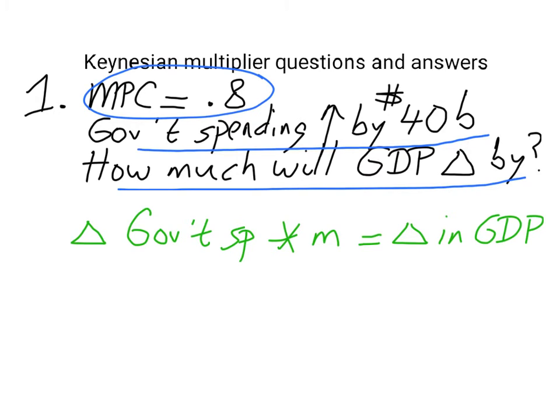Well, the change in government spending is given here. We know that it's 40. We have to multiply that by the multiplier.